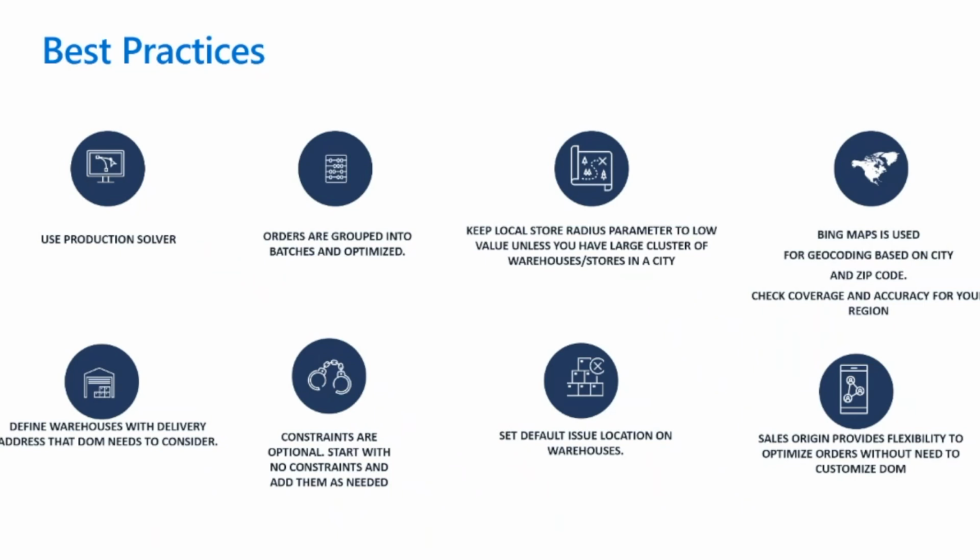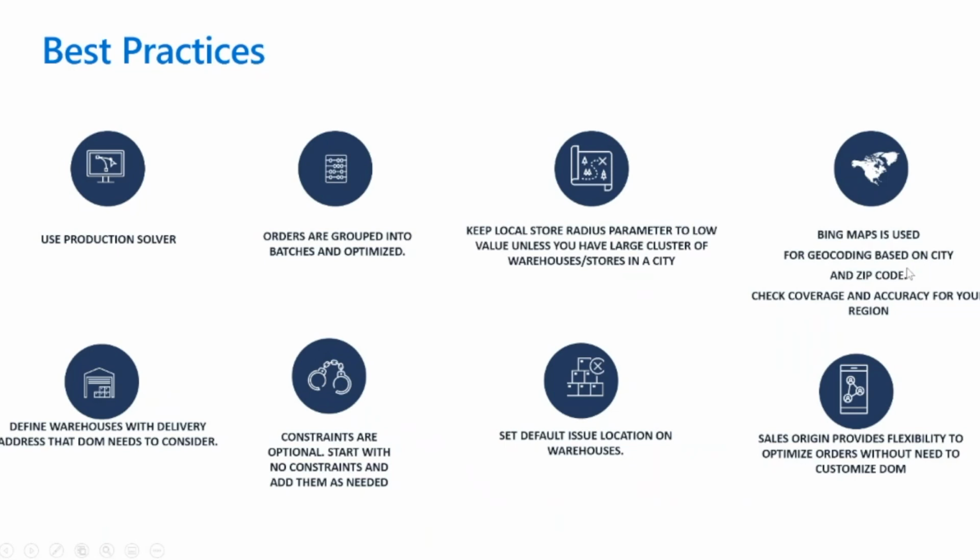So you have to see how customer stores or warehouses are organized who are going to fulfill the orders, right? So if it is only one or two stores in a geography, then the value can be a different number. And if a cluster of stores in a small geography, then the value will be different, right? So Bing Maps is used for geocoding based on the city and zip code.